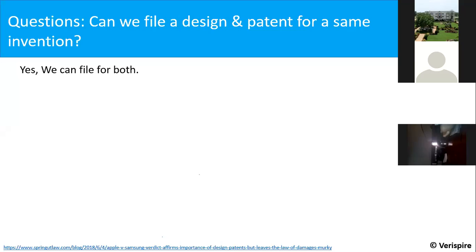But the utility part of that mobile phone, whether it is Apple, OnePlus, or any product, is covered in patent. How the mobile phone is functioning, what is the novelty part of the mobile phone, that is covered in patents. So there is a basic difference between patents and design. We can file for both.